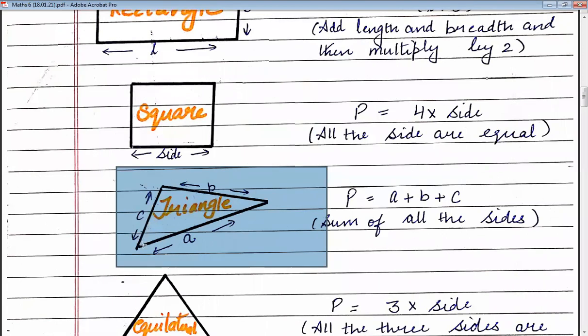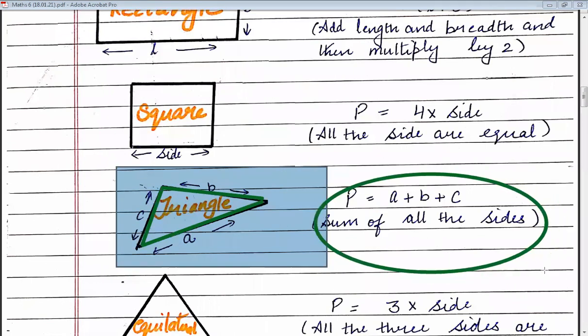So you can see that here this is A, this side is B, this is your side C. So the formula to find perimeter of a triangle, that is a scalene triangle, is equal to sum of all the sides, that is A plus B plus C. This is the case of scalene triangle.